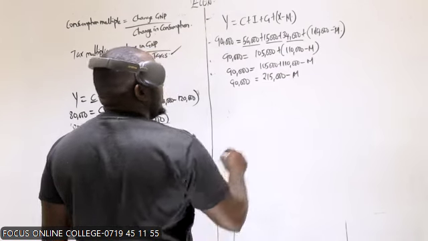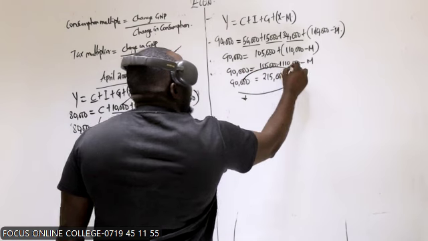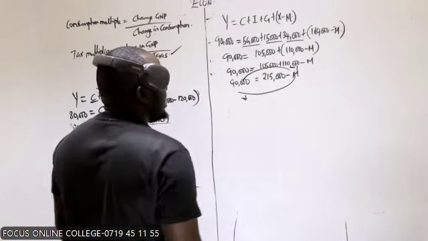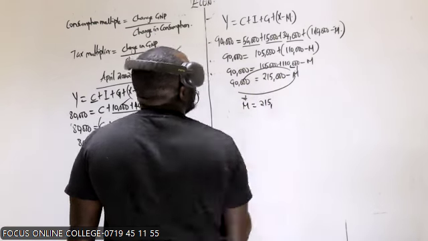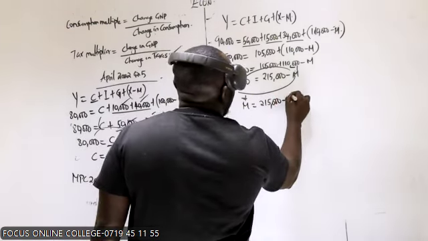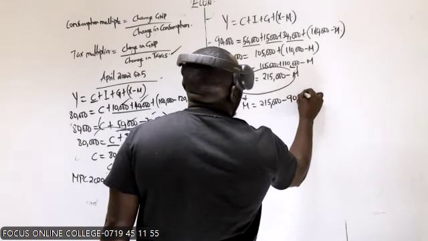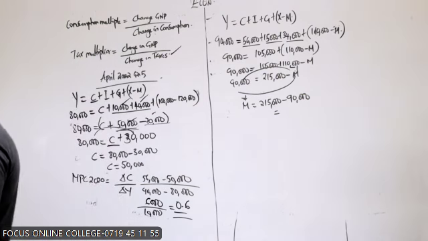Bring M to the other side, it becomes positive. Take this one to the other side, it becomes minus. So I have M is equal to 215 minus 90. Give me that, 215 minus 90.